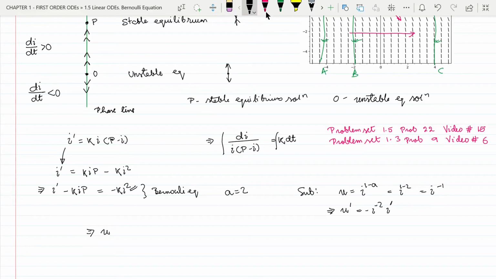which implies u dash equal to minus I to the power minus 2, and in place of I dash we can write kpI minus kI square. So this is kpI minus kI square. Now this I to the power minus 2 term gets multiplied inside, and the right hand side can be written as minus kp I to the power minus 1 plus k.